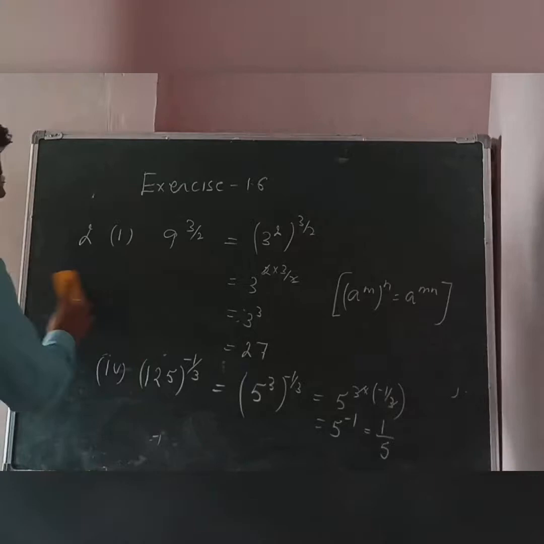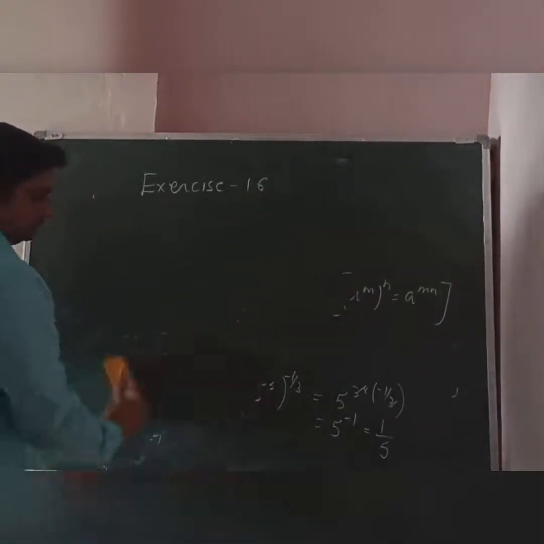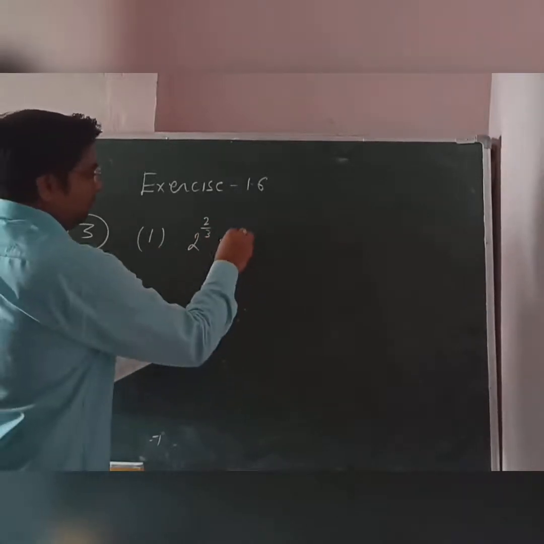Now, third question. You all can see. In the third question, the first part is given: 2 to the power 2 by 3 into 2 to the power 1 by 5.